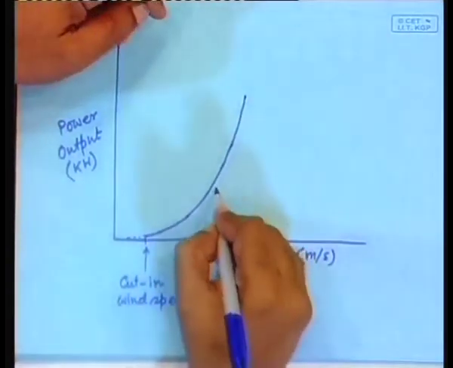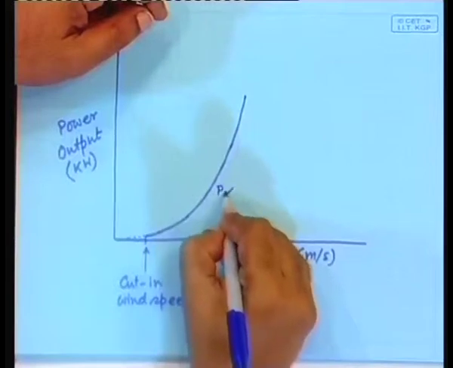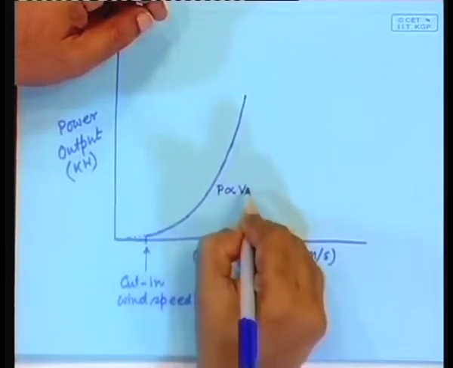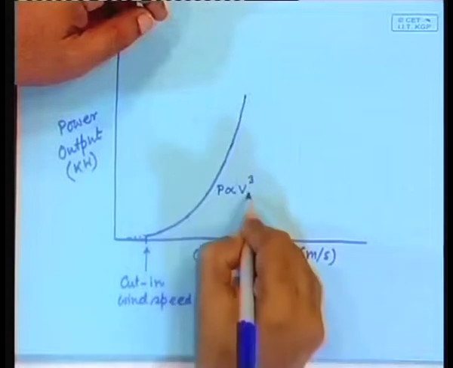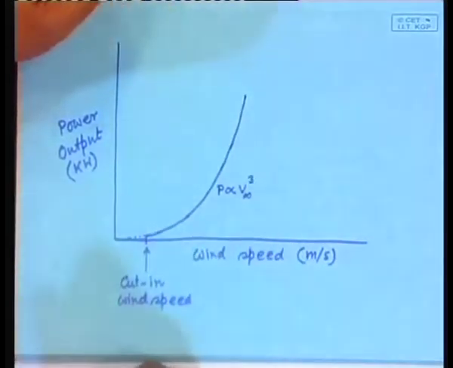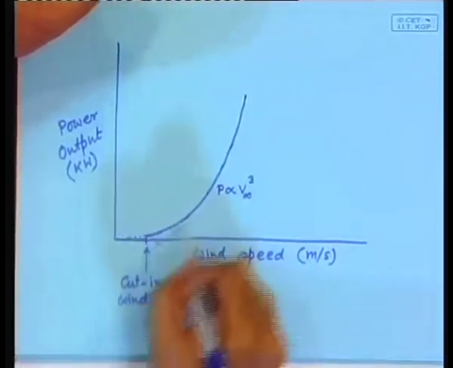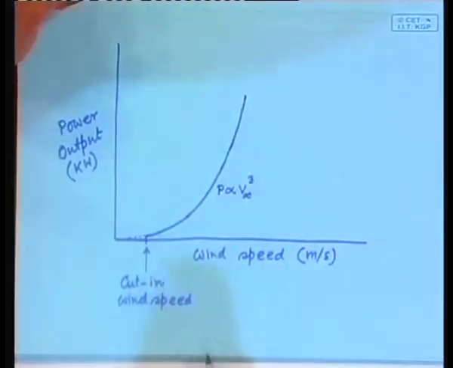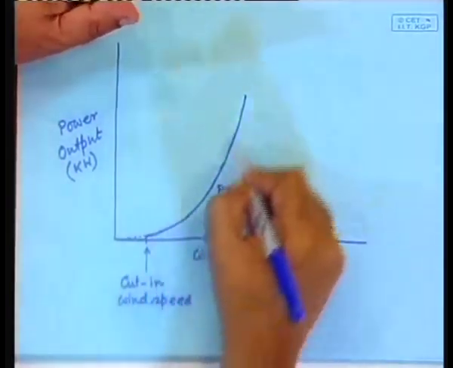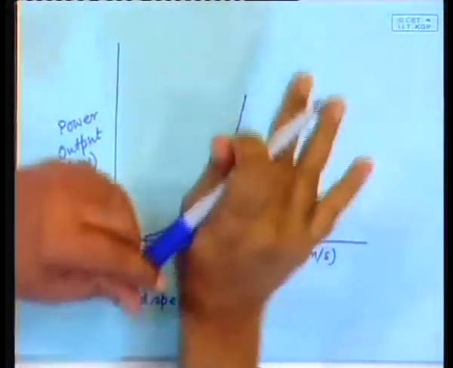So, here it is P proportional to V cubed, or V infinity cubed. So, that is the characteristic, and what we will have to do in order to attain this characteristic, we will discuss that.